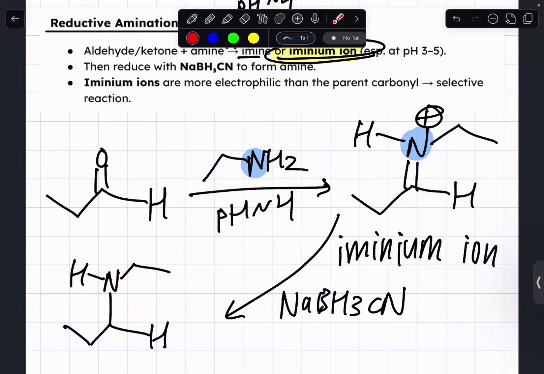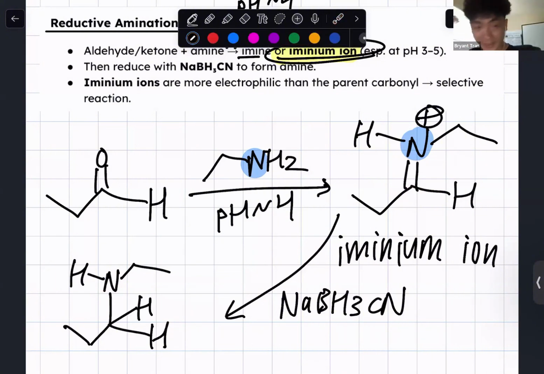Okay, and we see that this iminium carbon here had 0 hydrogens, but now it has 1 hydrogen, because this 1 hydrogen here that was invisible came from the reducing agent NaBH3CN, like that. Okay, so that's reductive amination.